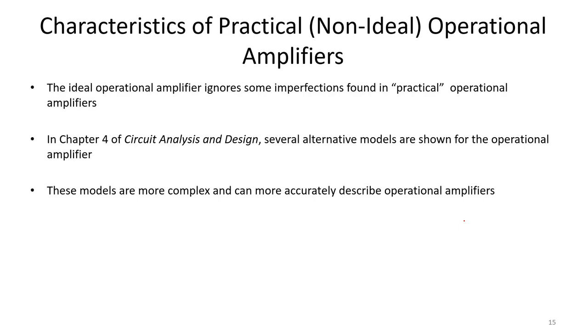If we look in Chapter 4 of the Circuit Analysis and Design book, we can learn about some alternative models that can be used to model non-ideal operational amplifiers. For the purpose of this course, we primarily focus on ideal operational amplifiers, but the goal here is to show you these other models so that you recognize when you might need to use them.